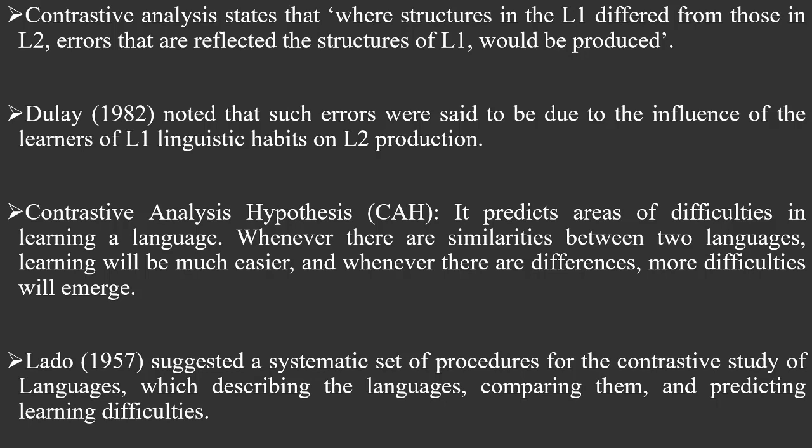Contrastive analysis states that where structures in the L1 differed from those in L2, errors reflecting the structure of L1 would be expected. This basically means that when you learn another language and come across structures of L2 that are different from your mother tongue, the errors that you produce will reflect the structure of your mother tongue.